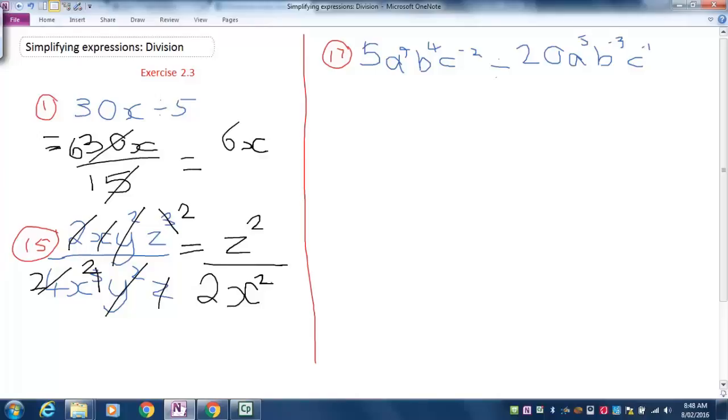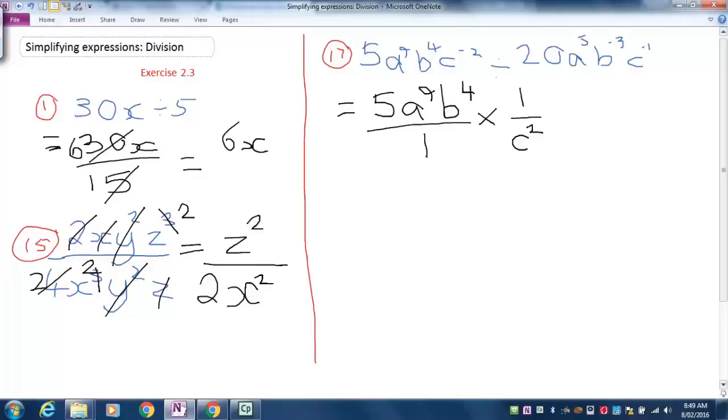With question 17, begin by writing this in fraction form. So I have 5a to the 9, b to the 4 times 1 over c squared. And that first fraction is all over 1.